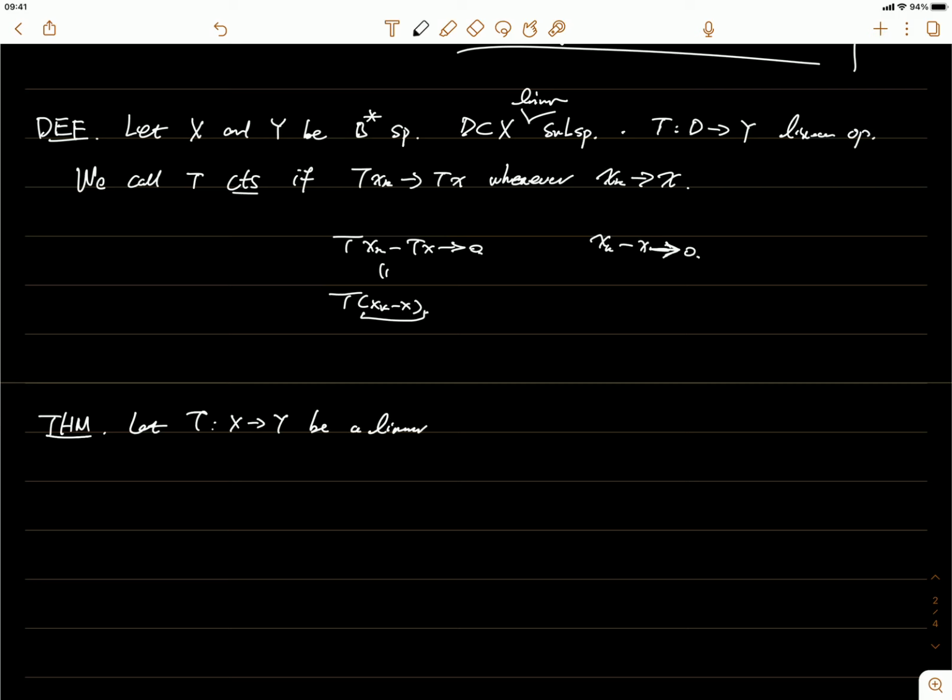Let's say T is a linear operator. Then T is continuous in the space X, which is the case in the definition here, whenever xk converges to x, no matter what x is, and this is actually equivalent to saying that T is continuous at the point 0.